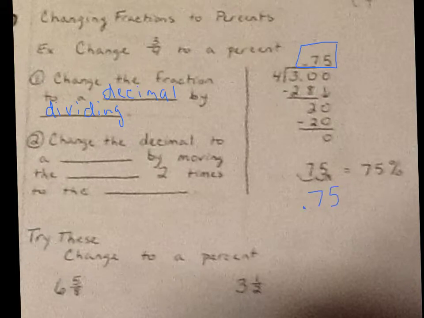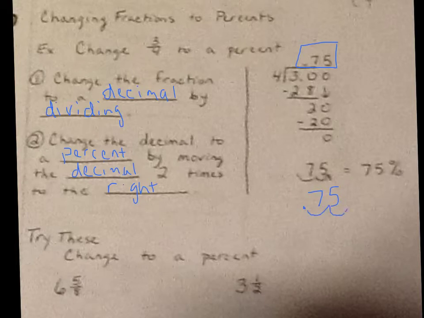Okay, right down there. And then you change the decimal to a percent. Okay, and we've been working on that this week. So how do you change a decimal to a percent? Okay, you move the decimal 2 times to the right. Okay, so you start it right here.